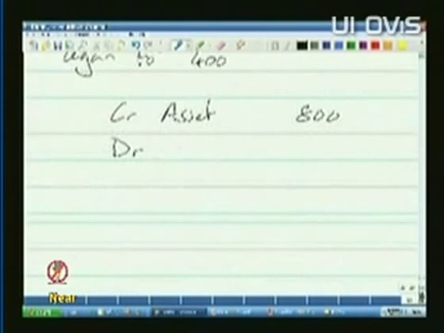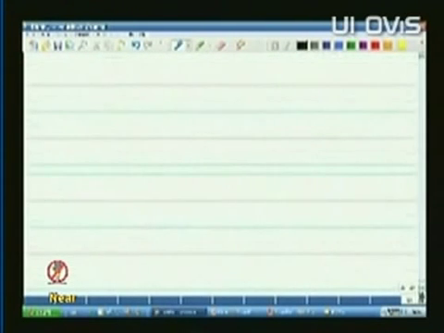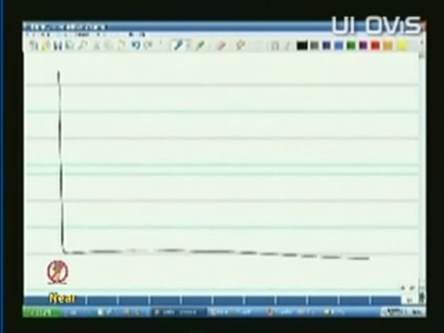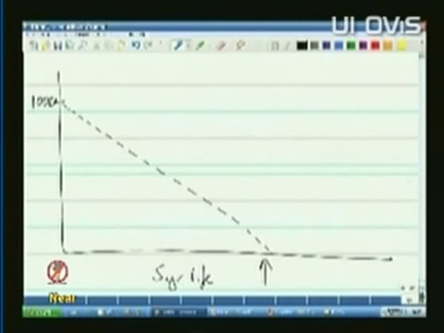Well, this is where the graphs help us. So, if I do a quick graph, you may be able to see how this works. Have an asset which cost 1,000. And I gave it a 5-year life. So therefore I was expecting it to go, okay, at the end of the first year we revalued it up to 1200.